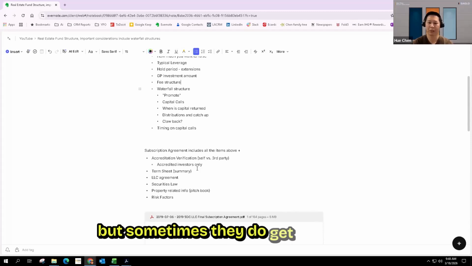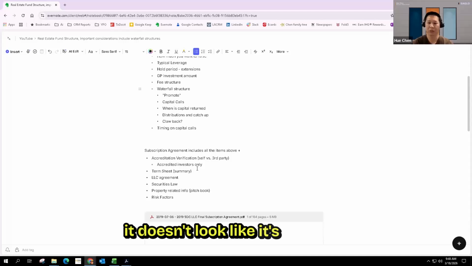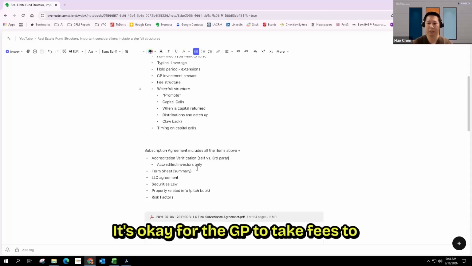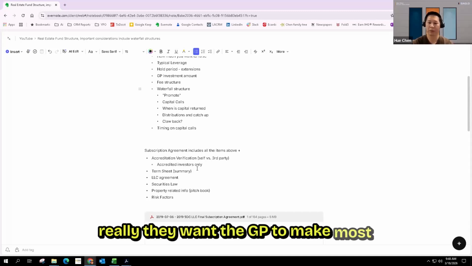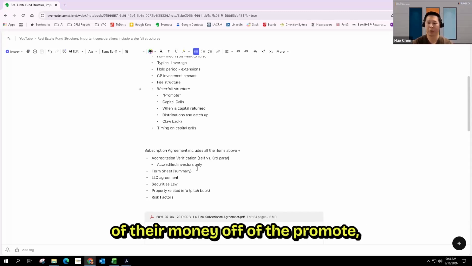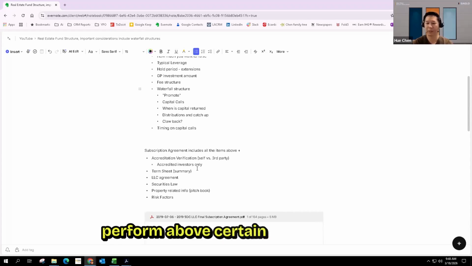But sometimes they do get egregious. So you have to make sure that it doesn't look too high. It's okay for the GP to take fees to support its infrastructure, but really investors want the GP to make most of their money off of the promote, meaning that if the properties perform above certain expectations, the general partner gets more money, and that's the best way to do it.